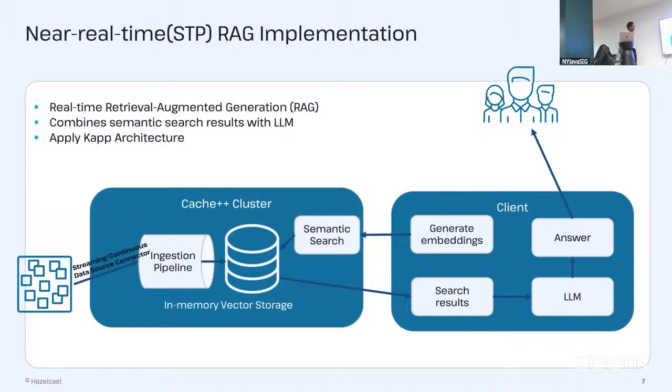What we're proposing is why not apply Kappa architecture to the process? Does everyone know that Java has an API that can do this type of Kappa behavior?